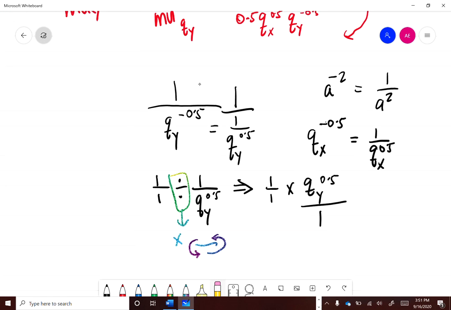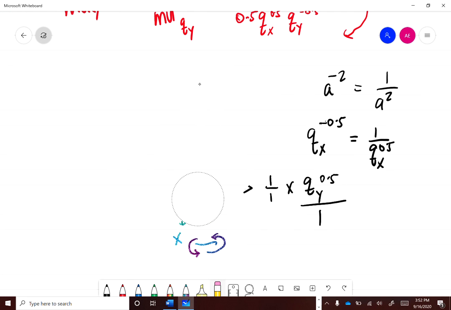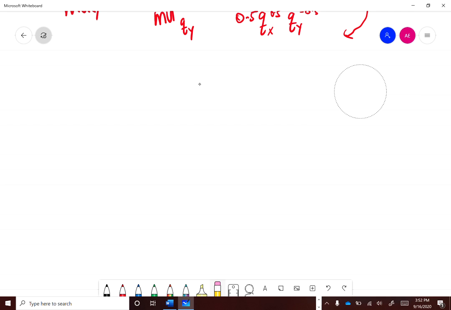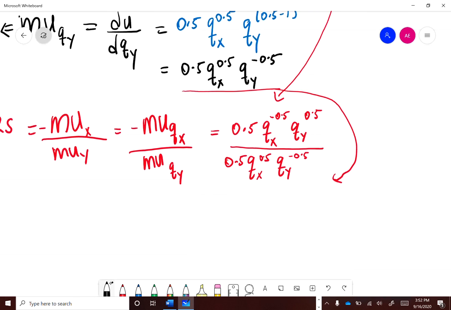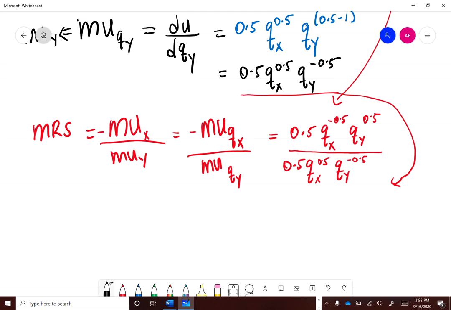Okay, let's apply that to our equation. The reason why we're doing this is so that we can simplify our MRS equation, or the slope of that IC curve. So when we bring it into our optimality function, it's a nice and simpler function.